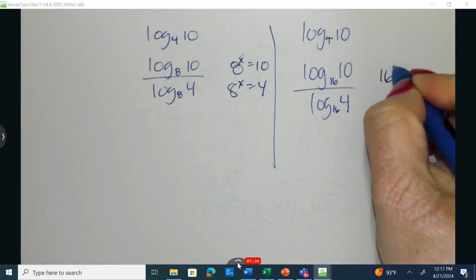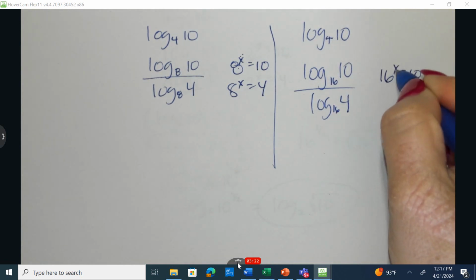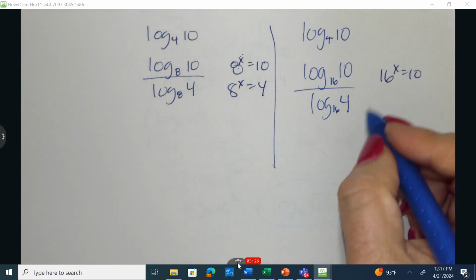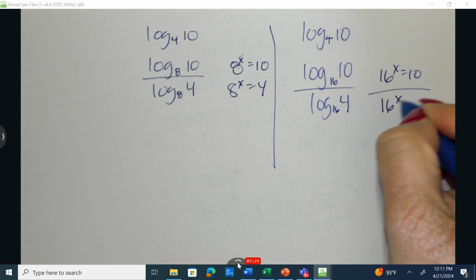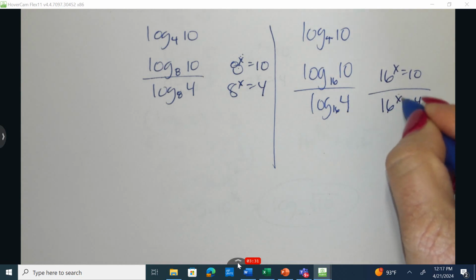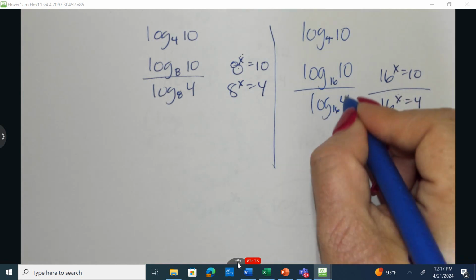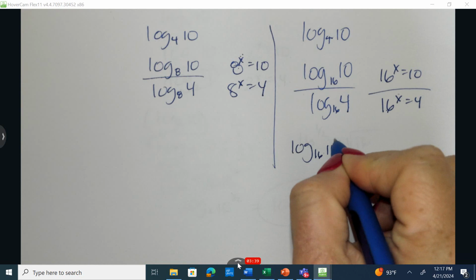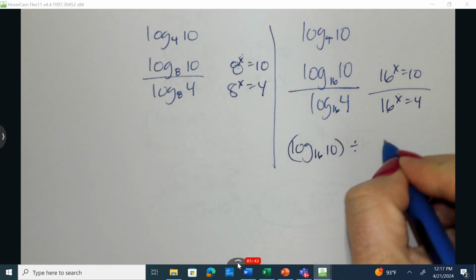Okay, 16 to what equals 10? Well, 16 to the 0 is 1, 16 to the first is 16. Okay, I don't think I can reduce that. Let's try this one. 16 to the what is 4? Oh, I could take the square root. So 16 to the 1/2, or the square root of 16, is 4. That means this portion is equivalent to 1/2. Log base 16 of 10 divided by 1/2.